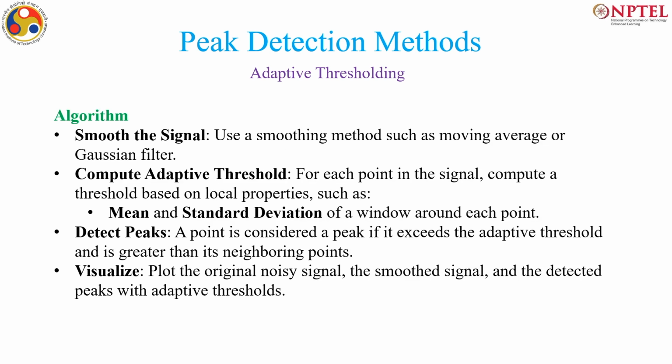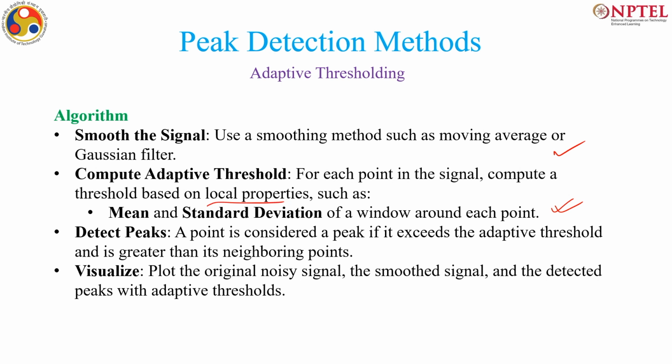So the algorithm of adaptive thresholding is, first we smooth the signal, and then we use adaptive thresholding based on the properties of the signal, and I would say local properties, which means based on some small window.